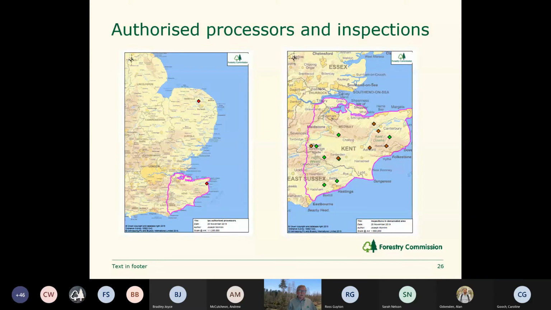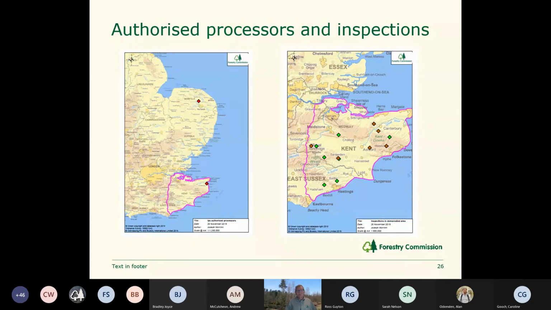So it's a sort of end-to-end control. Any material entering that site, we know will either leave the site entirely bark-free as sawn and possibly treated material, and any co-product will be burnt in the biomass boiler there.